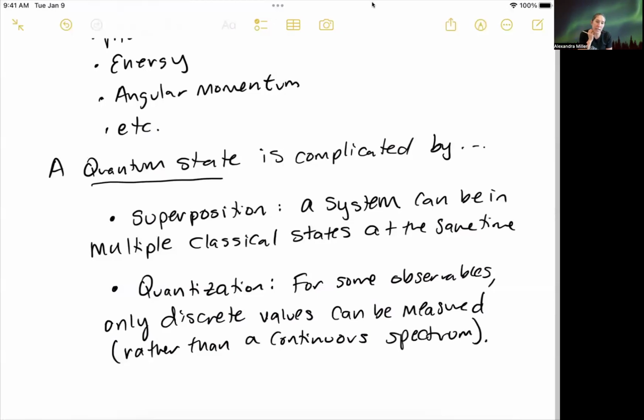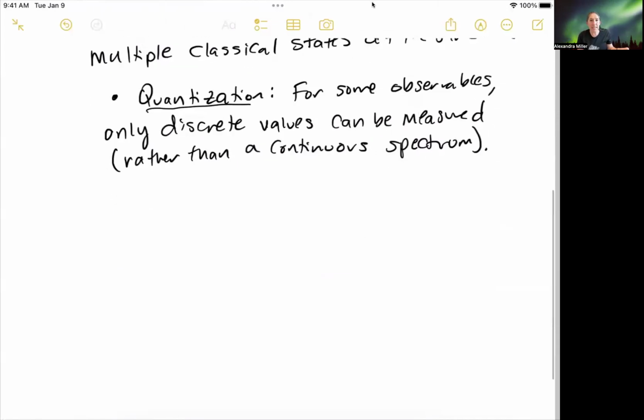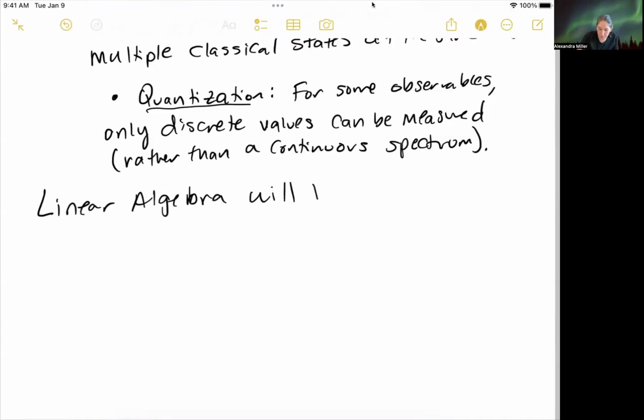All right, so we're going to need to think about how we can create some mathematical framework to describe these odd things that happen in quantum mechanics that complicate our quantum mechanical states. And what we're going to find is that linear algebra will be a natural home, or a natural language, for quantum mechanics.